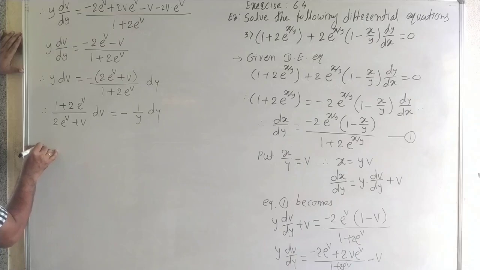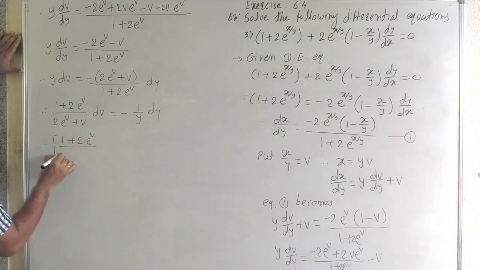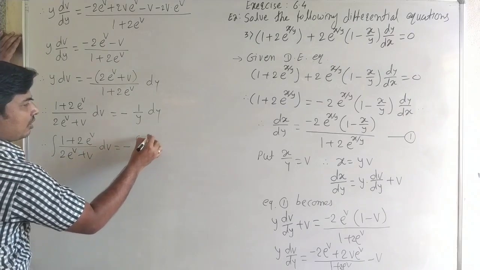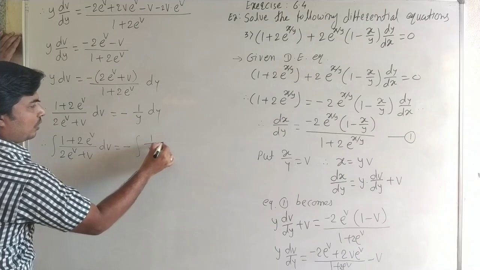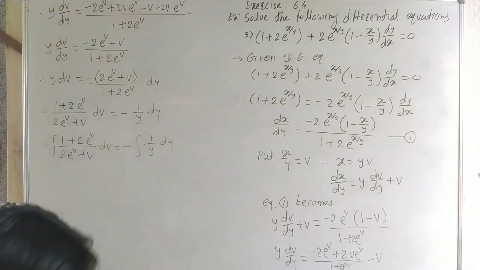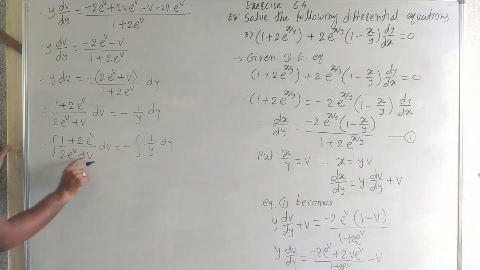Now taking integral on both sides, 1 plus 2 e raised to v upon 2 e raised to v plus v dv is equal to minus integral of 1 upon y dy. Here in the numerator is the derivative of the denominator with respect to v.